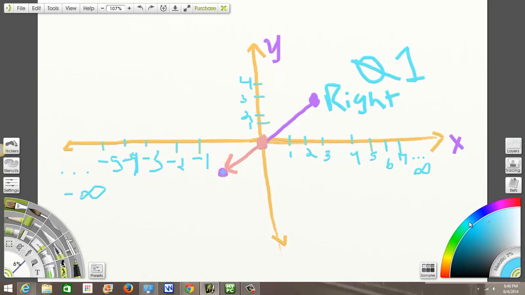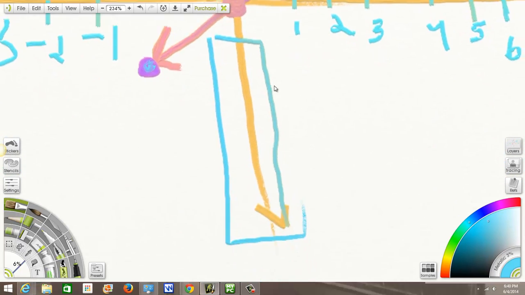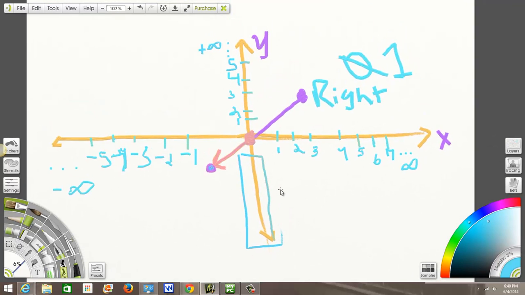So 4, 5, and just like the x-axis, it goes on and on and on until positive infinity. Okay, so why did this part blank? Well, it doesn't have to be blank. This is actually the negative part of the y-axis, so we're gonna just fill that in with these same negative numbers, but they're on the y-axis. So -1.